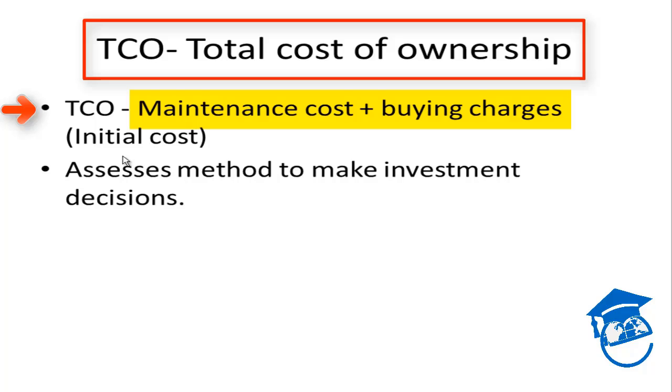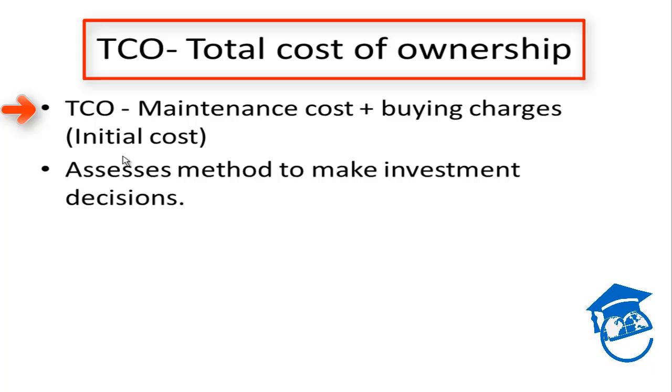Whenever we are giving the service or the product, there are two costs associated with it. One is the initial cost, that is the buying charges, and after that the maintenance cost also is included in it. So with the combination of these two costs, with the TCO, the service provider can take the decision that like what is the cost I am bearing to provide this particular service.